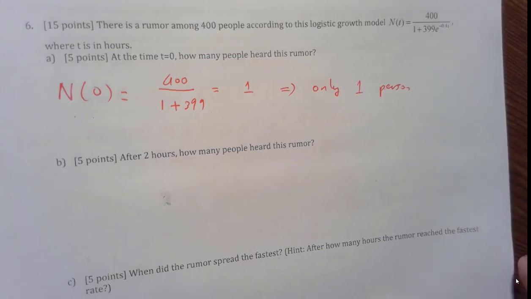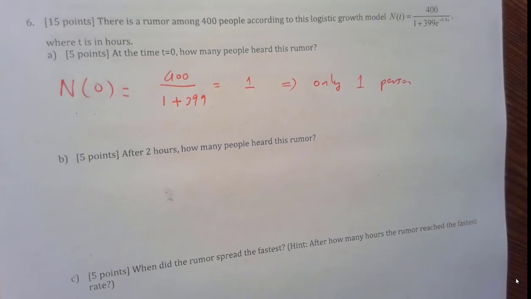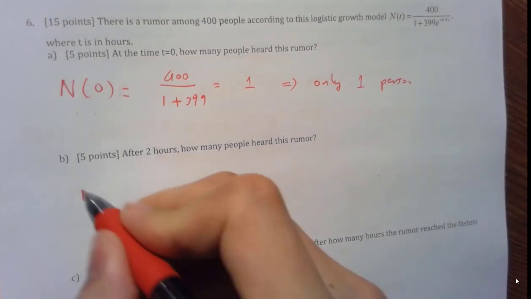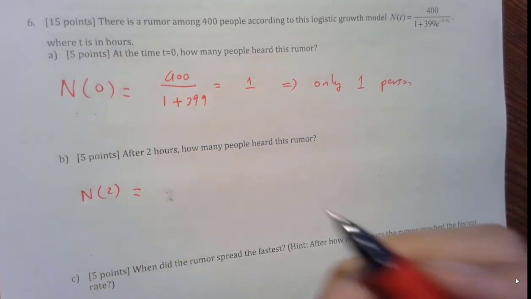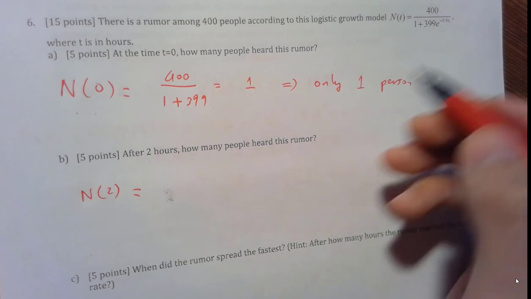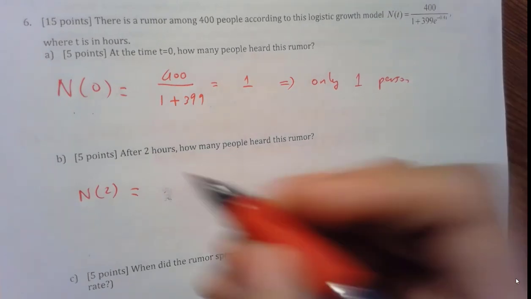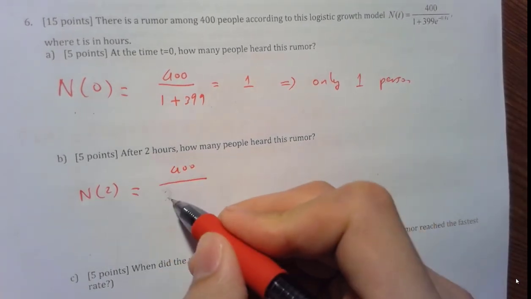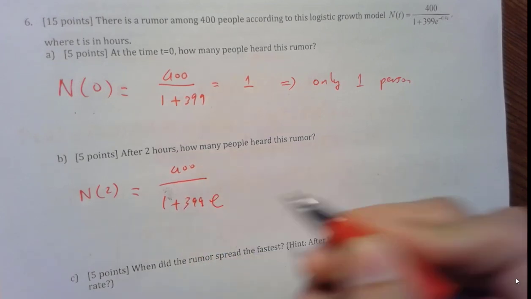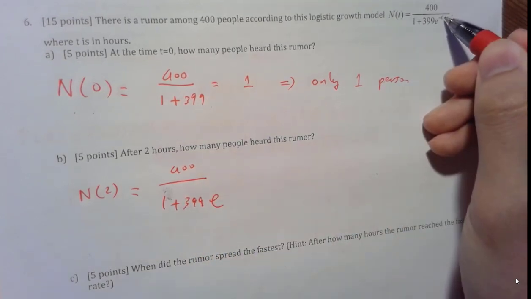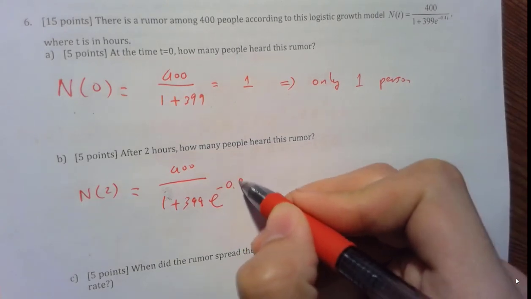After 2 hours, how many people heard this rumor? So we just plug in T equal 2, right? And T equal 2 goes in the place of T. So 400 over 1 plus 399, and e to the 2 times minus 0.4, that is minus 0.8.